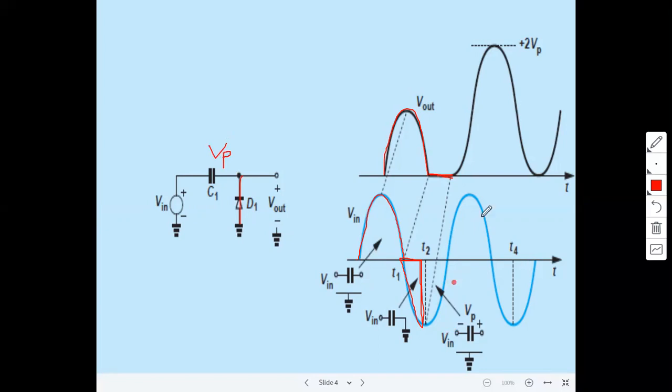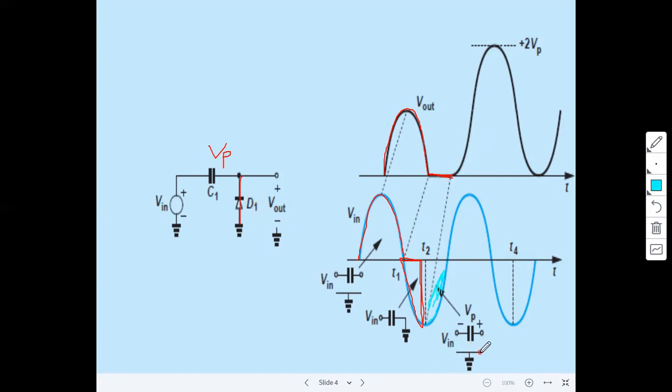Next, in the negative cycle, after the first quarter cycle, the input is decreasing. The capacitor is already charged to the maximum voltage, so the diode D is in the off state.